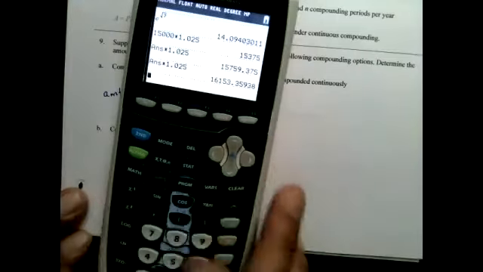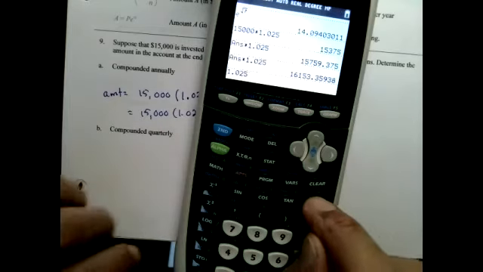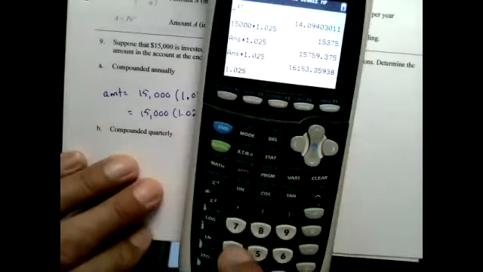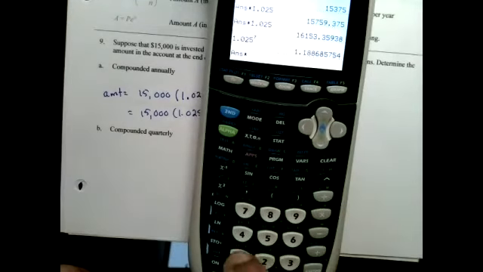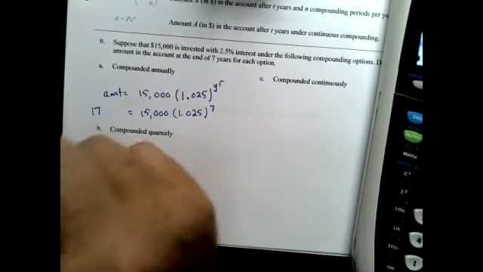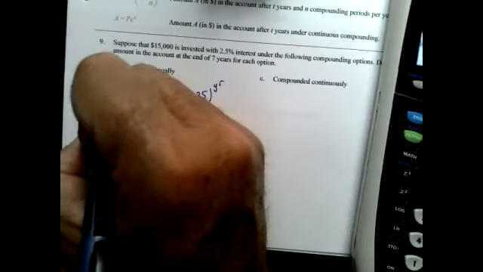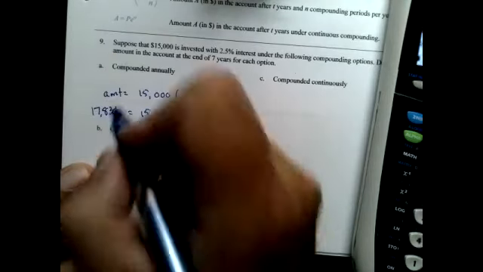All right, this is another calculator problem. I'm going to do this first. 1.025 raised to the 7th power, enter, times 15,000, enter. $17,830.28.